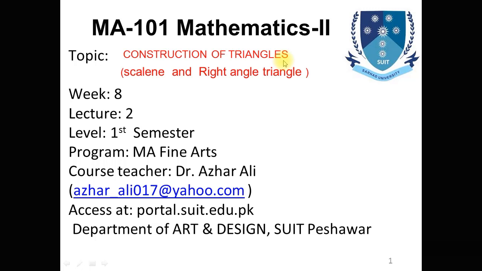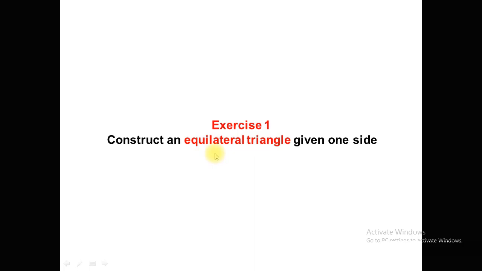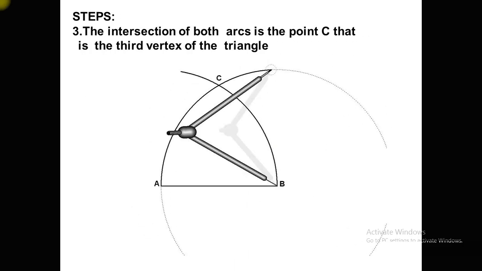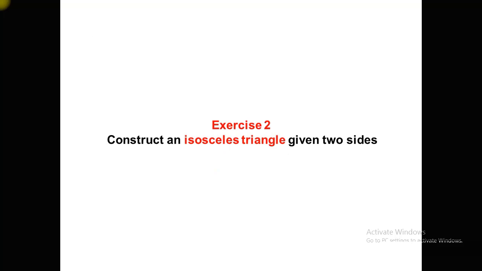In the previous video lecture, we discussed construction of equilateral and isosceles triangles. And today we are going to learn about the construction of scalene and right angle triangles. About the equilateral triangle, we have already discussed this exercise, and the second exercise is about the isosceles triangle. We also discussed the construction of the isosceles triangle in this second exercise.